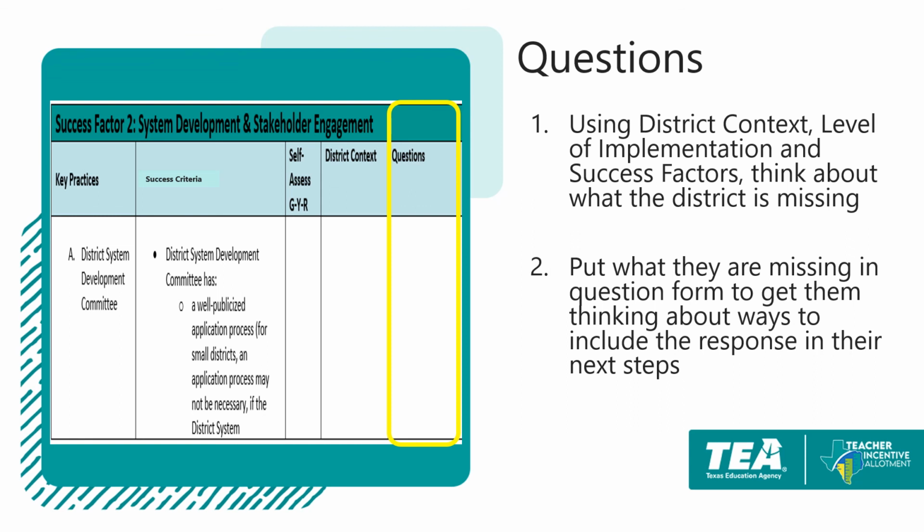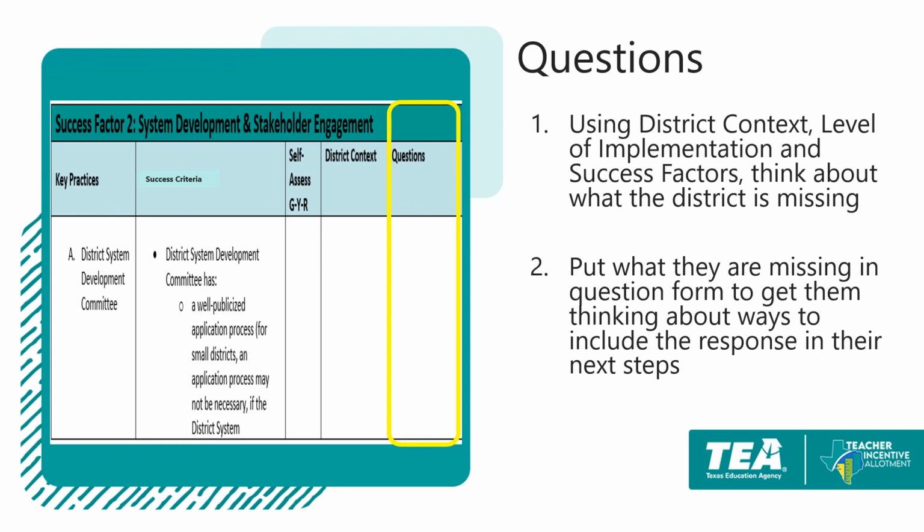So we have to think, what in the success factor is missing that would warrant me creating a question in order to get an answer for the thing that's missing? So we have to put together what's missing and what is in the district context in order to create questions to come up with next steps for the district.